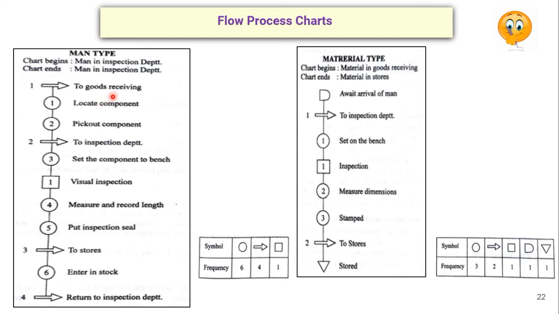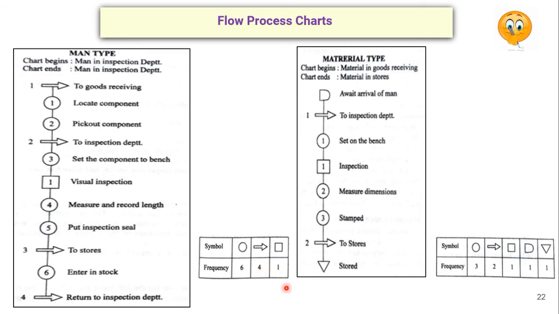So goods receive transportation, locate the component operation, pick up the component operation, to the inspection department, set the component on the bench, visual inspection, measure and record, put in the inspection store, enter in the stocks, return to the inspection department. So this is the movement of an operator. How many operations are carried out? 6. Transportation 4, and inspection activity 1.